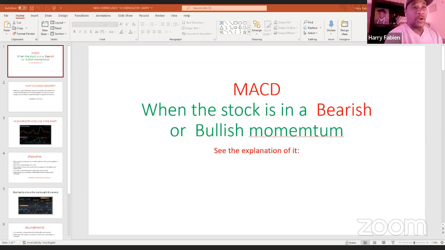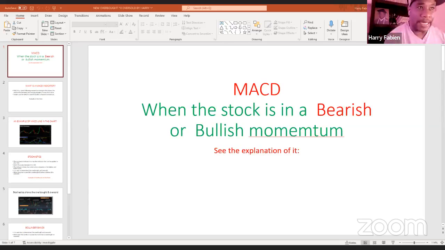Whenever the MACD line or the green line crosses over the red line, we have what we call a bullish momentum. The MACD shows when the stock is in a bearish or bullish momentum. Bearish means the stock market at that time is going down.